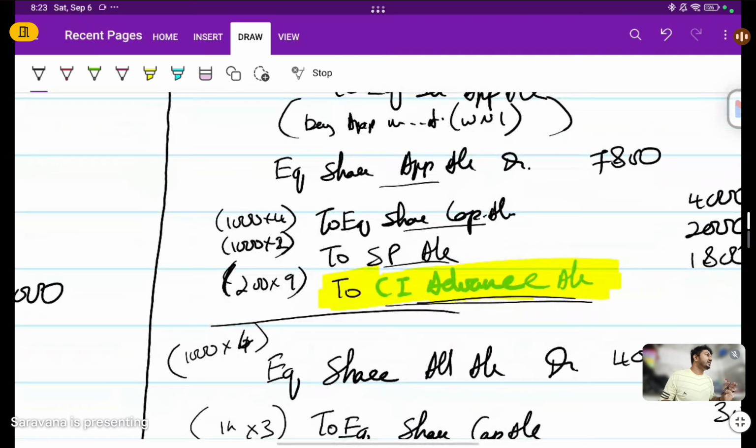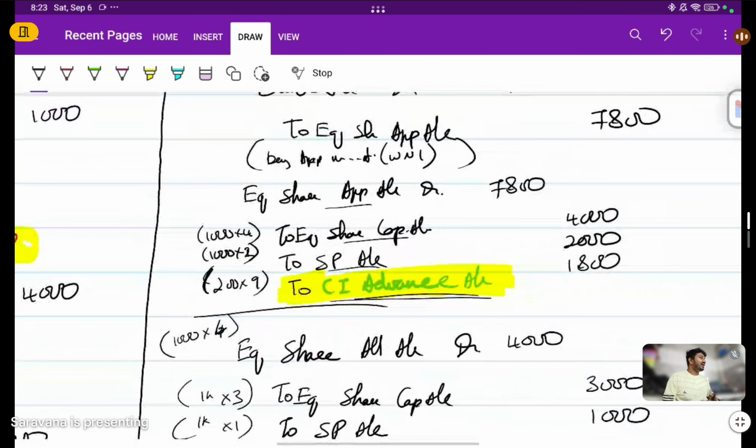Like that it should be credited. Similarly, calls in arrears will not come in application. Calls in advance will not come in the final call, the second and final call. Why? Because after that no payment is possible. So calls in advance is not at all possible in the final call.